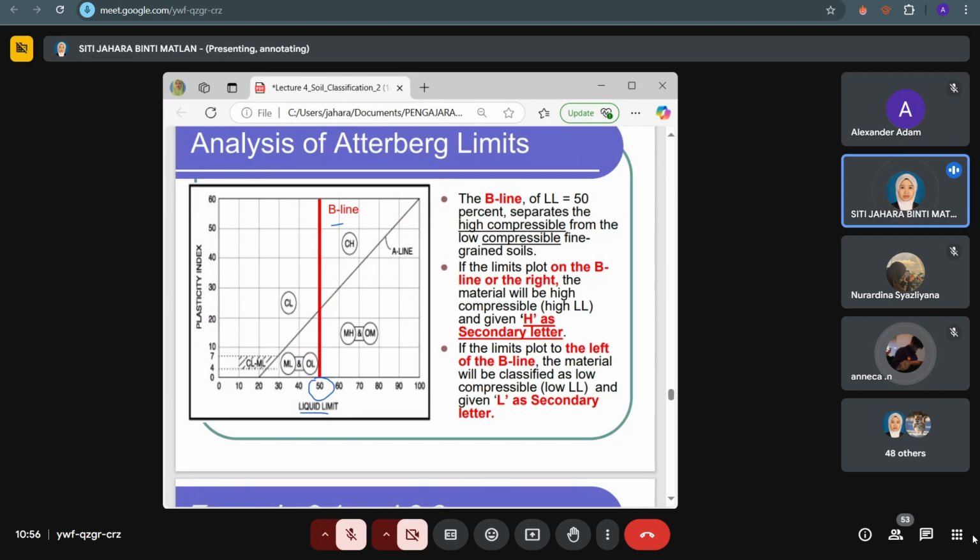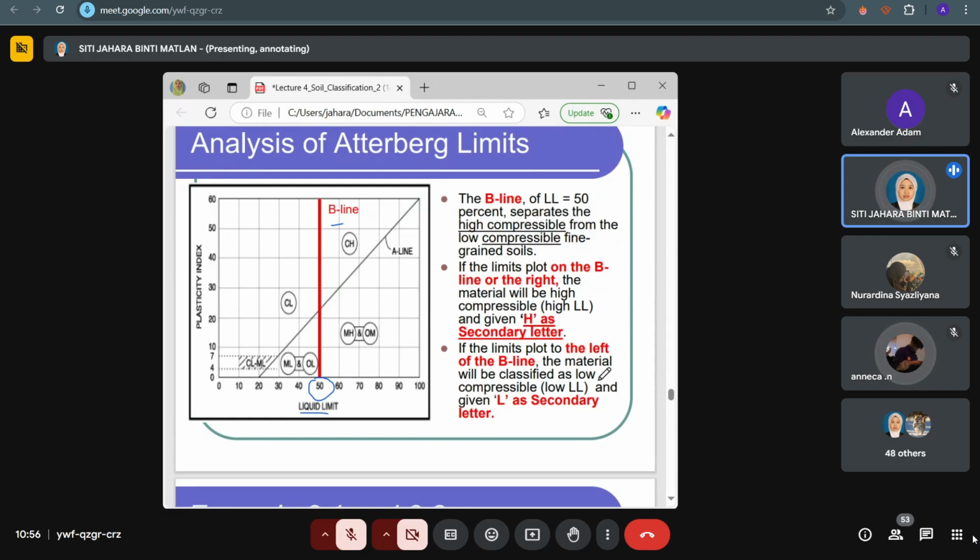Right on the B line, which is LL more than 50%, the soil is highly compressible, denoted as H, which is high plasticity, highly compressible.